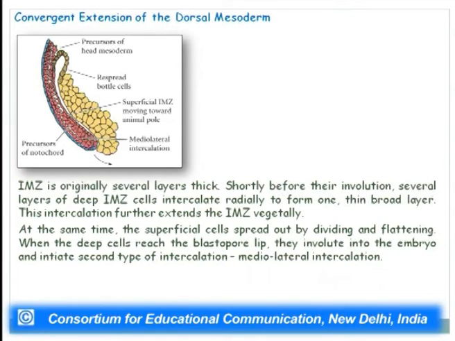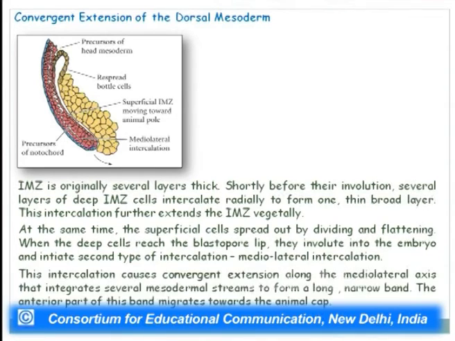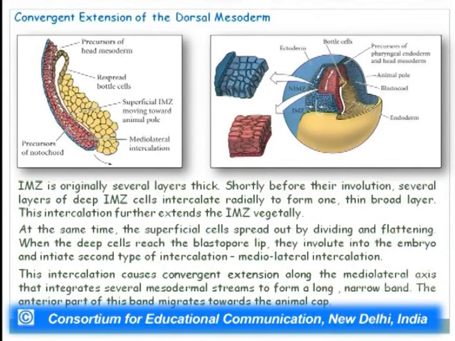When the deep cells reach the blastopore lip, they involute into the embryo and initiate the second type of intercalation, termed mediolateral intercalation. This intercalation causes convergent extension. It is convergent because many cells are coming together, and also extension, along the mediolateral axis, that integrates several mesodermal streams to form a long narrow band.